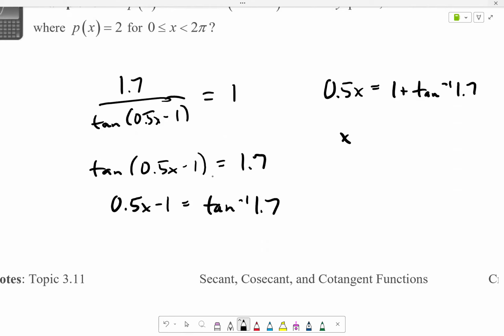Multiply by 2: x equals 2 plus 2 tan inverse of 1.7. That'll get you the same answer we just got on our calculators from graphing. I want to make sure you're not dependent on that graph. You can do it other ways. Does that make sense? You may want to type that in just to get that satisfaction and say, oh, it's the same 4 point whatever. I hope it's the same.